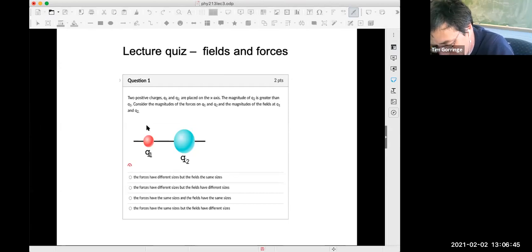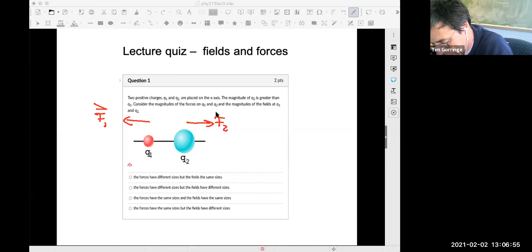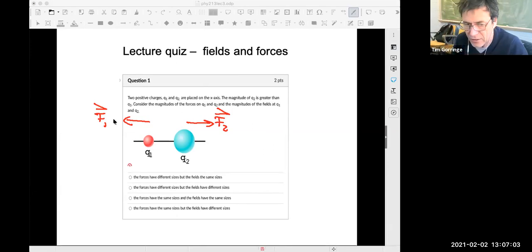If I would draw the forces on Q1 and Q2, they might look something like this. Equal size forces, oppositely directed forces. And that's because these are a pair of interacting charges. And when they interact, they exert equal and opposite forces on one another.